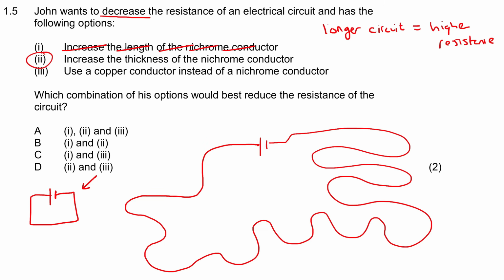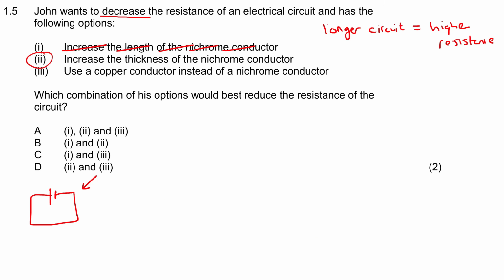Now what do we mean by thickness? Because that could be misinterpreted. What they mean by thickness is the following. If you're looking at the wire from the back, they're not talking about this part over here as the thickness. No, what they actually mean is this part of the circle that I've drawn versus that.